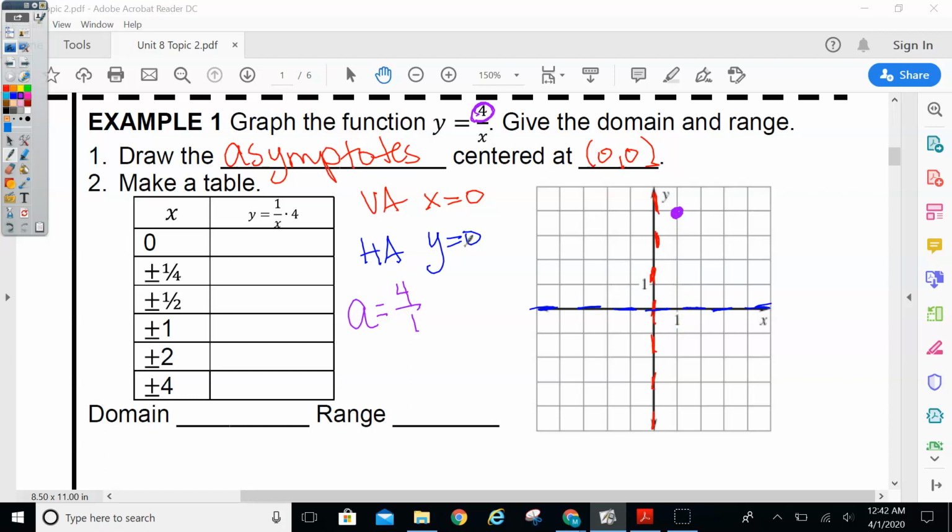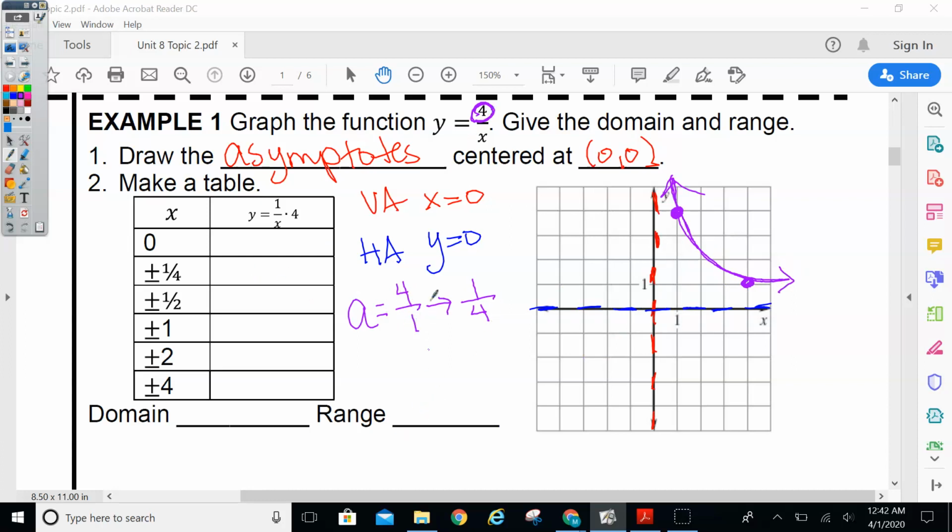Now because it's also called the reciprocal function, this one is also a point. So I rise 1 and go over 1, 2, 3, 4. So here's this piece of my hyperbola. It's going to be over here. And then to get the other side, because of symmetry, all I do is make these negative.